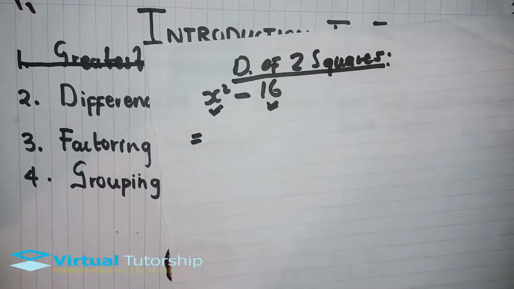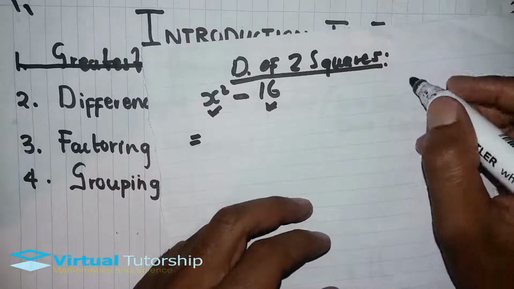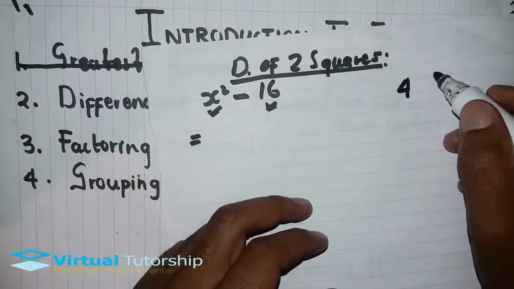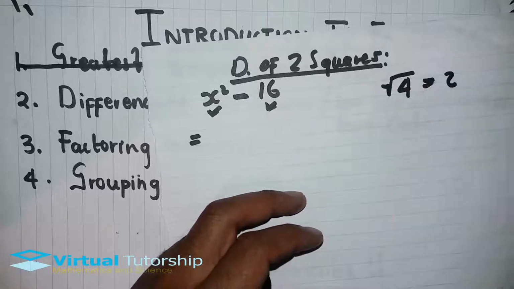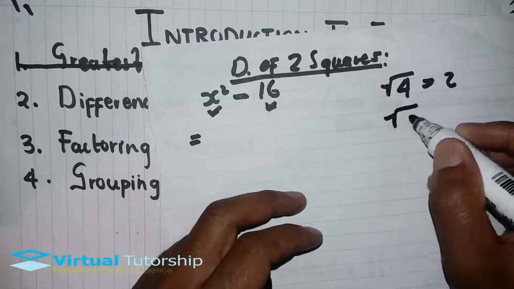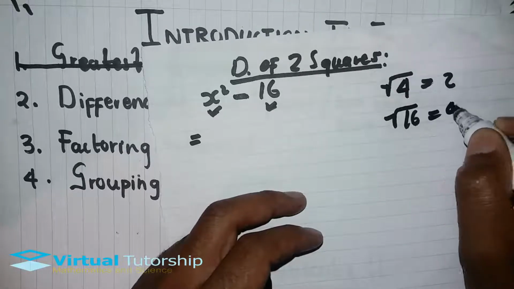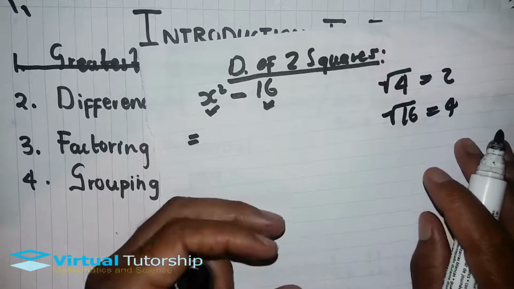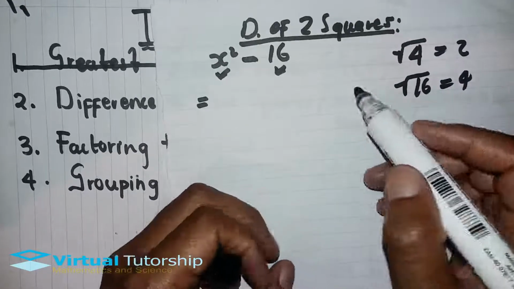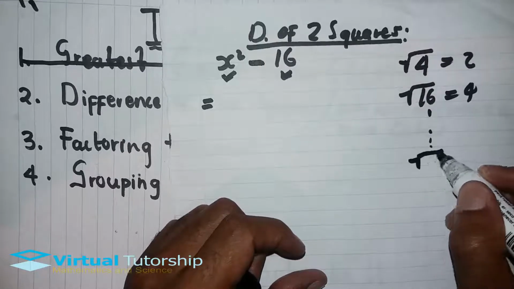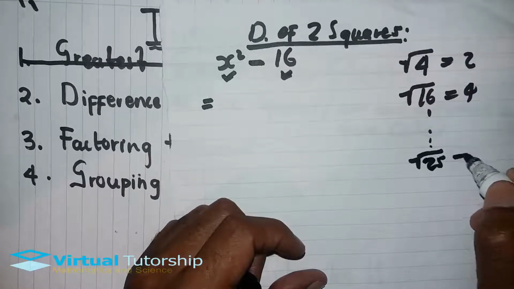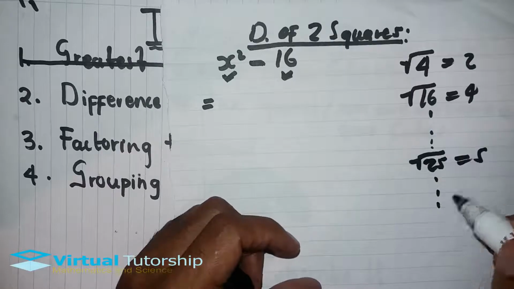So ama perfect squares esiwaziyo, it's 4. Square root of 4 is equal to 2. 4 is a perfect square. Square root of 16 is equal to 4. 16 is a perfect square. Square root of 25 is 5, so on and so on.